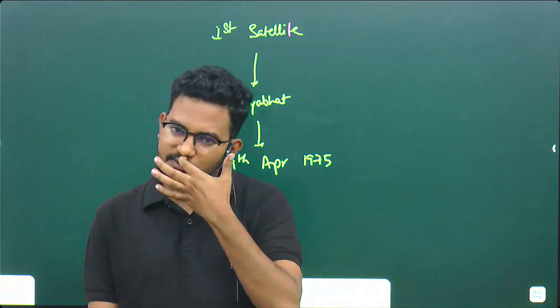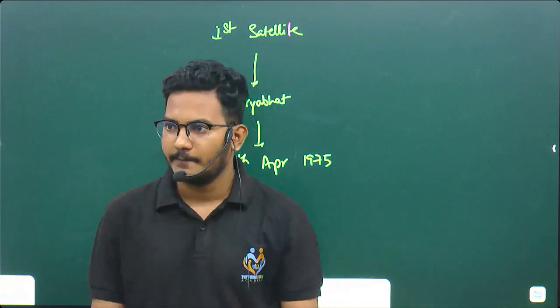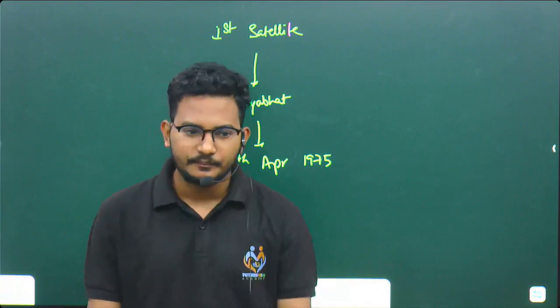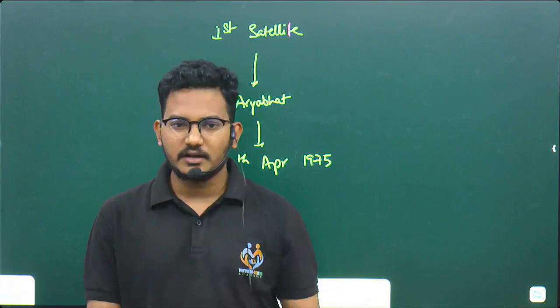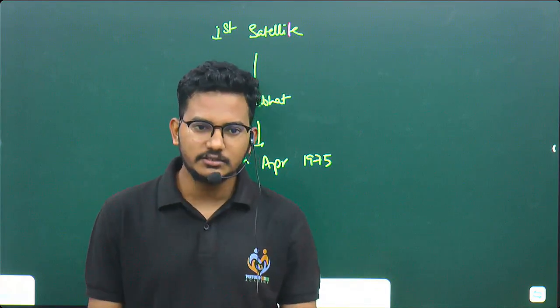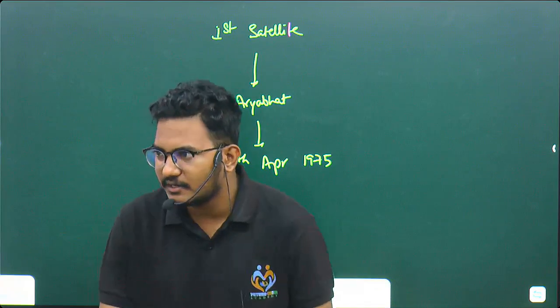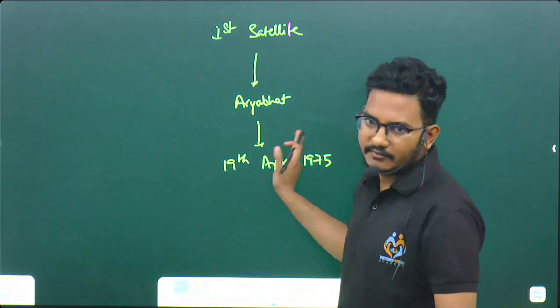Satellite means associated with orbit or gravity of Earth or any other body. Okay, that any other body may be sun or moon or anything. And then what I've told you, satellites are not reusable. And the first satellite we have launched is Aryabhat, which is on 19th April 1975.